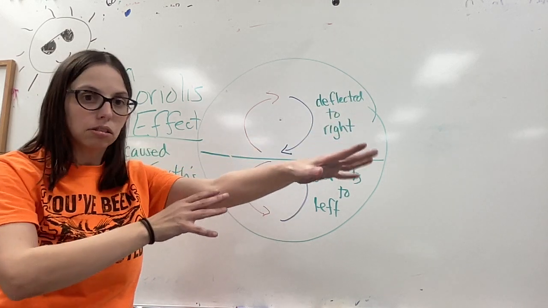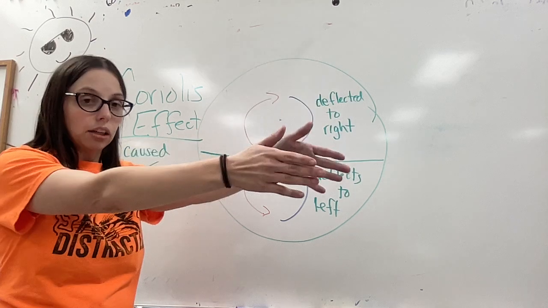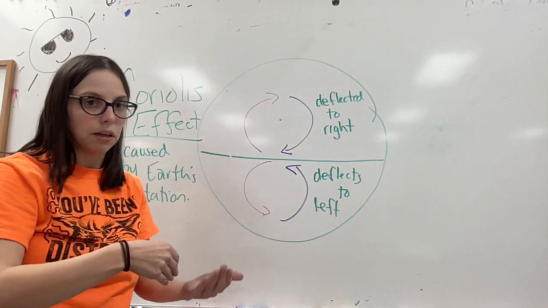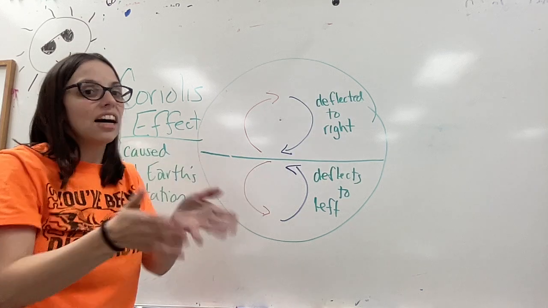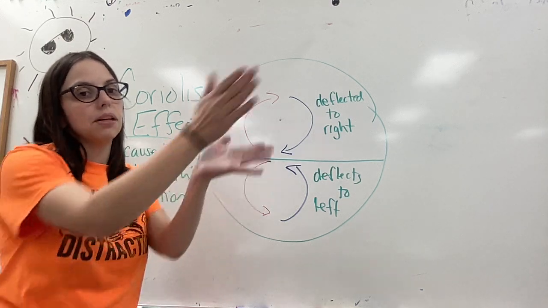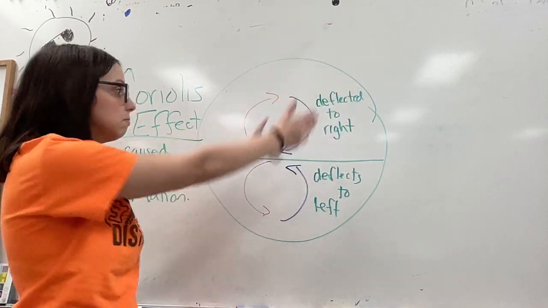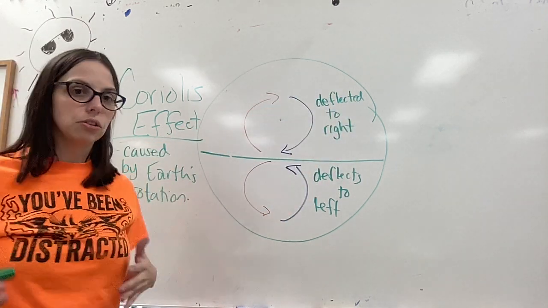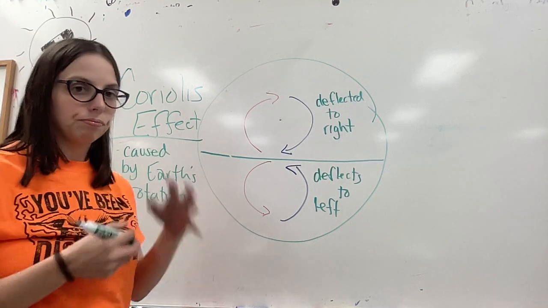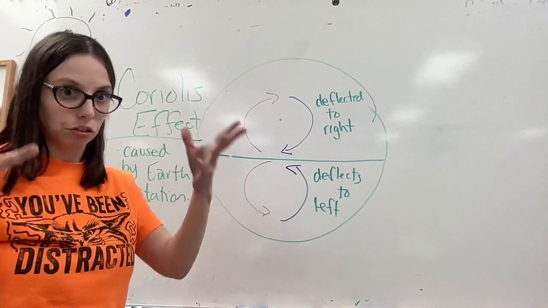But it's not going to make it to your friend directly across from you if the merry-go-round is spinning. It's going to look like it veers off to the left or to the right. It's not actually veering off. What's happening is the person straight across from you, that target, moves. If you go on YouTube, you can definitely find a better visual for that.